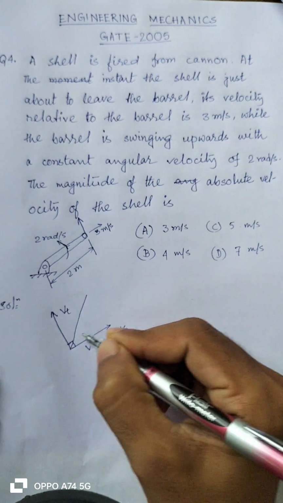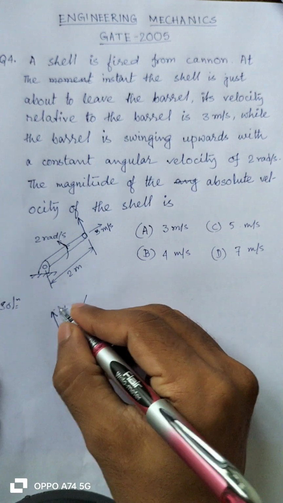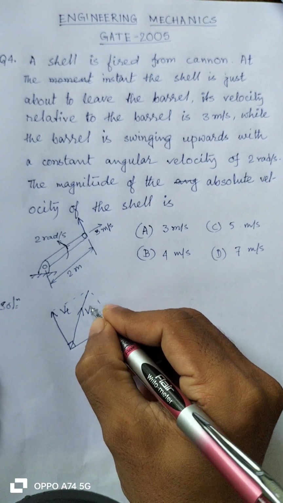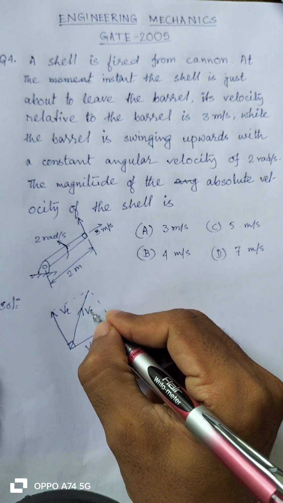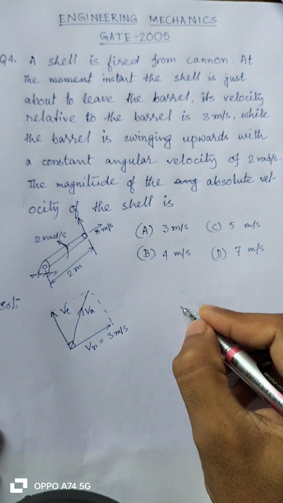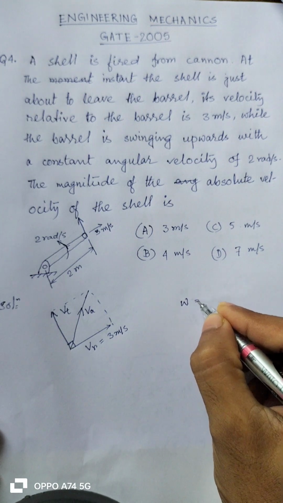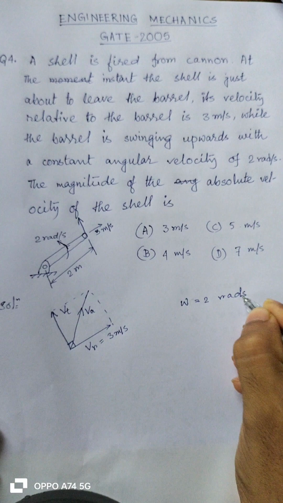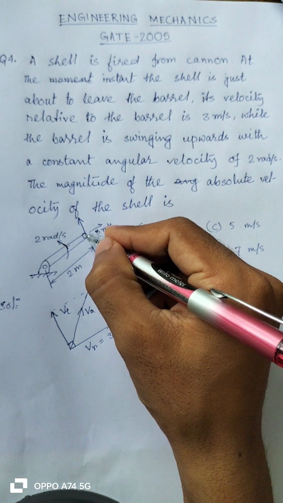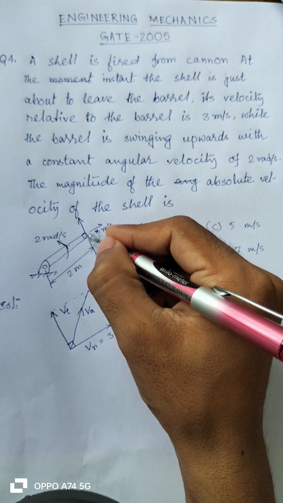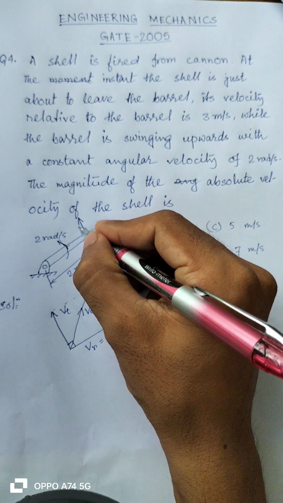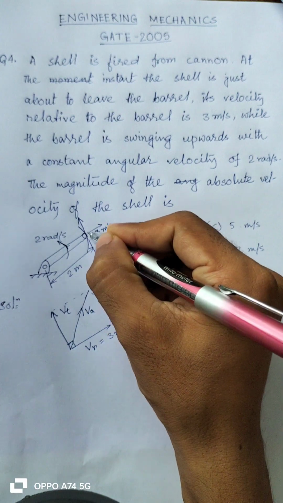So what we need to calculate is the resultant velocity, that is the absolute velocity. Let me write it as VA. Here, given constant angular speed omega is 2 rad per second, and the moment when this shell is coming out of the barrel, at this particular position it will have a path like this.